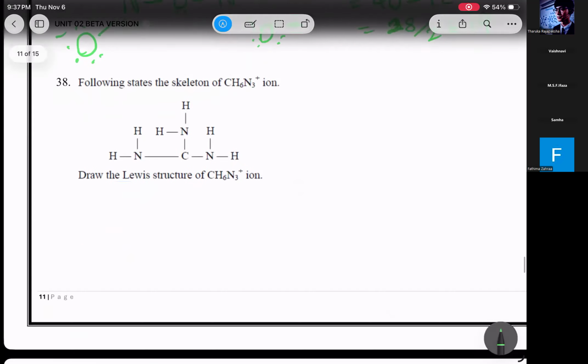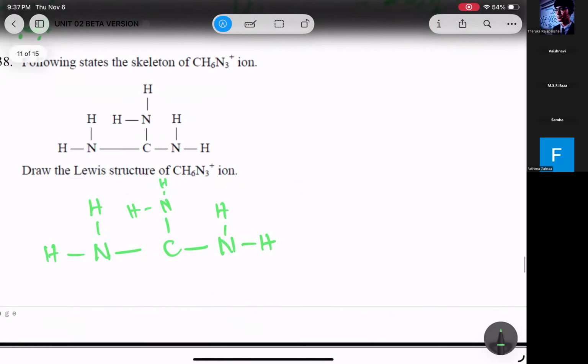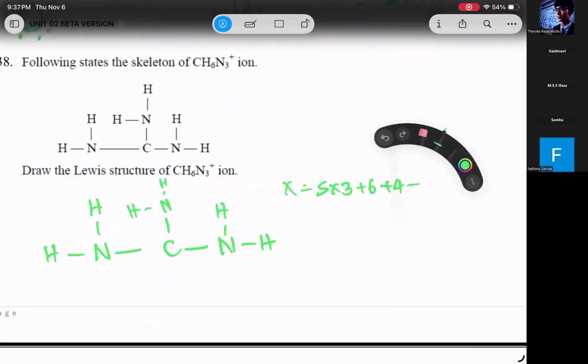Draw the Lewis structure of CH6N3 plus. Okay, let's calculate: x equals 5 times 3 plus 6 plus 4 plus 1 minus 1, because there's a charge.